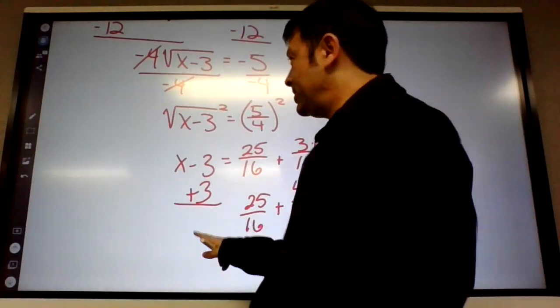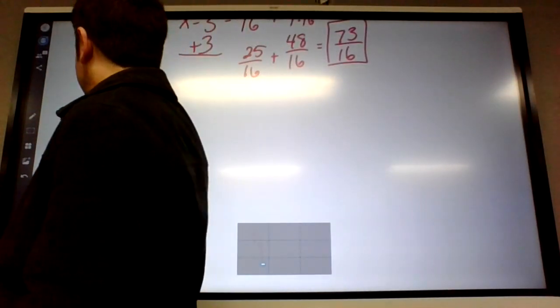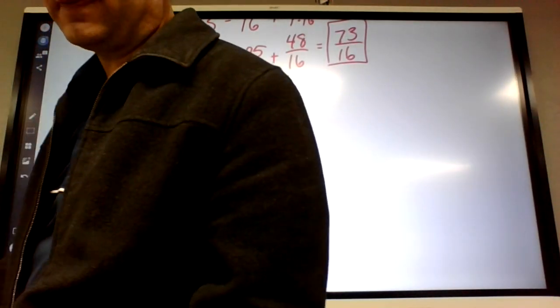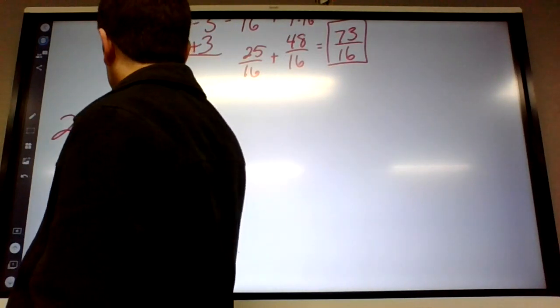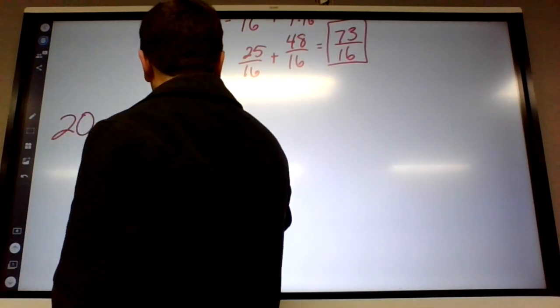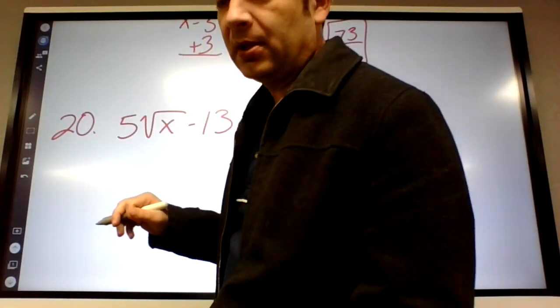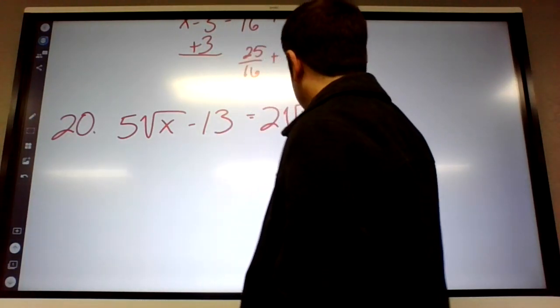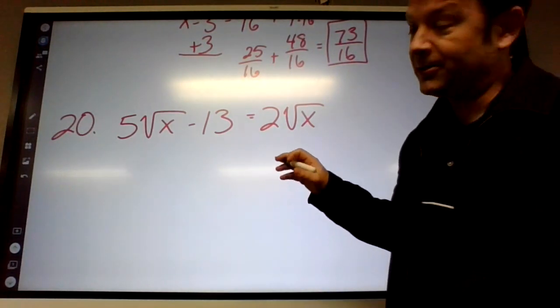Okay, let's look at 20 because it does look a little bit different than the rest of them. Saving the best for last. 5 times the square root of x minus 13. I think I'm just going to do one step with you guys here. And that would be the first step.